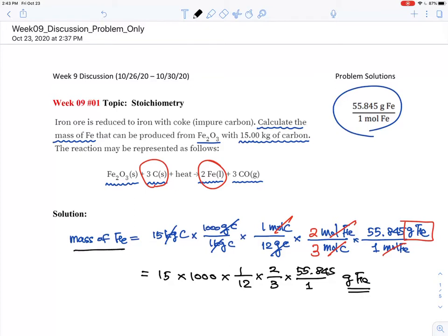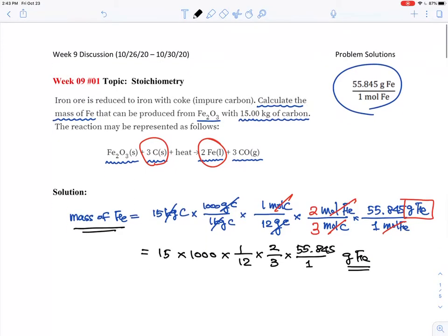So that's what you want to have. And the answer for this one now is 46,490 grams of Fe. And you might want to change it to kilograms.